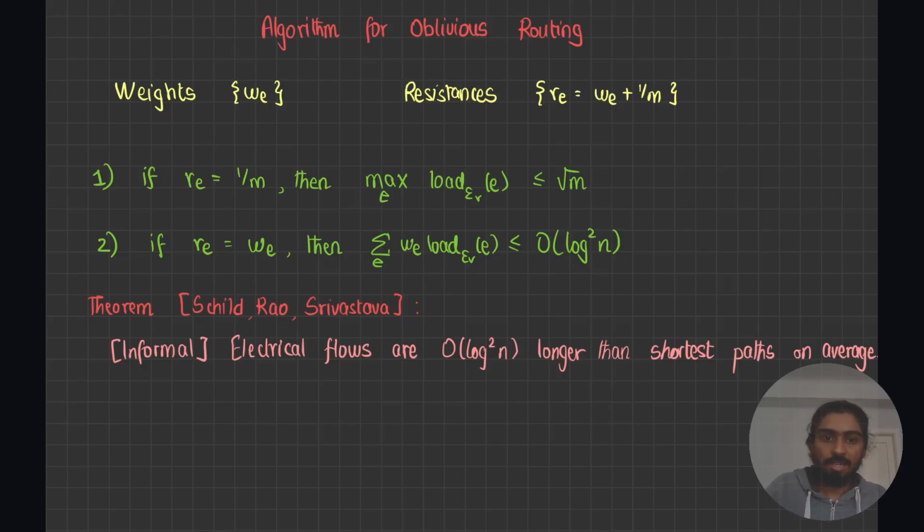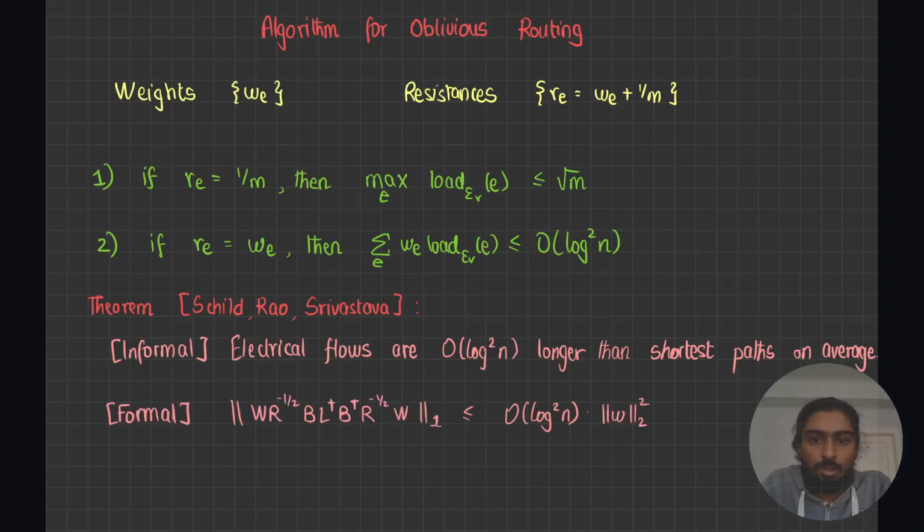It tells you that electrical flows are not much longer than shortest paths. They're at most log squared n longer than shortest paths on average. So we use this to get the second bound. We can put this together to get the result that we want: square root of M iterations and a log squared n guarantee on the competitive ratio of the oblivious routing. Thank you.